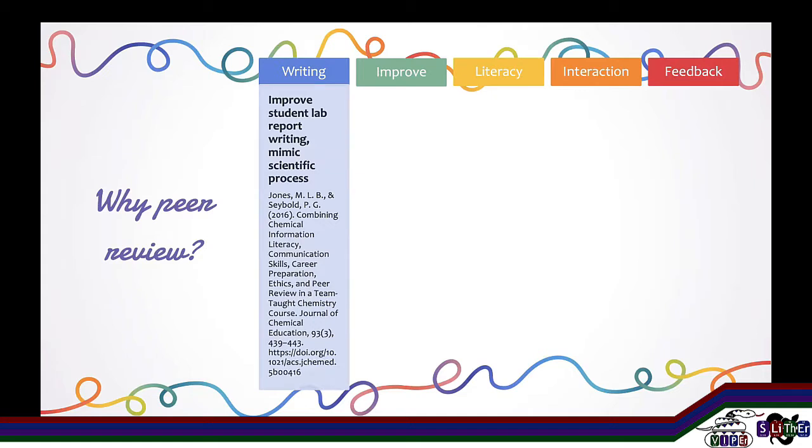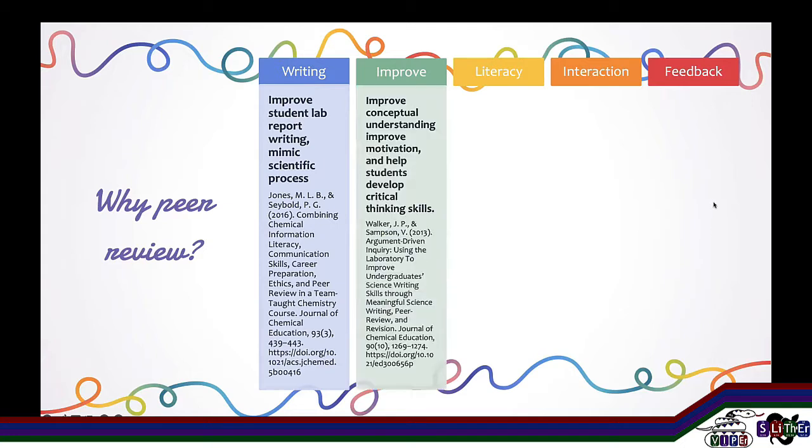This paper from 2016 talks about how it's mimicking the scientific process where we submit papers to journals, we get feedback from peers, we rewrite, we resubmit, until we've reached some point where hopefully things are accepted. And peer review in a classroom setting can mimic that and help improve lab reports to be of higher quality and really better science overall.